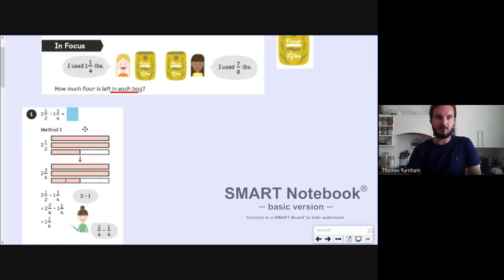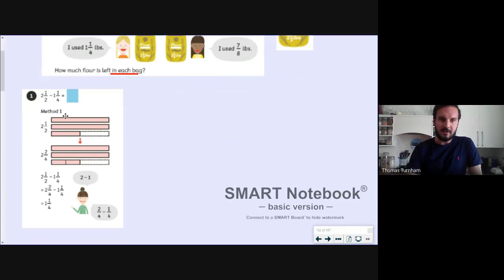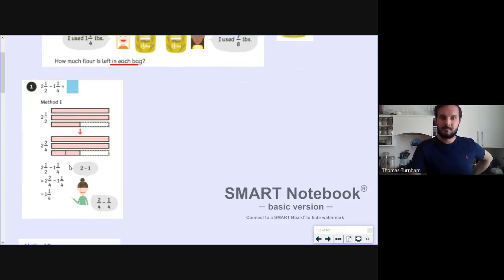One way we might solve this problem is by looking at our 2.5. So what I might do is say that this is actually the same as 2 2/4, because I know that half is the same as 2/4. Now I know I've used 1 1/4. So I've used one whole strip that I can get rid of, and then I've used 1/4 of one of those.